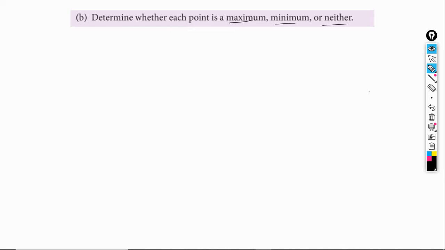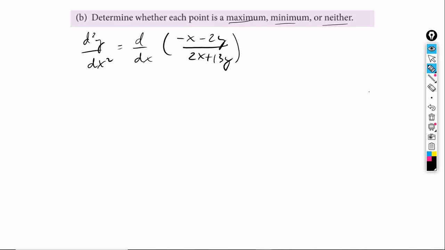So remember that the second derivative will equal the derivative of the first derivative, right? So we really need to find the derivative of the expression that we found before, which was this over 2x plus 13y.